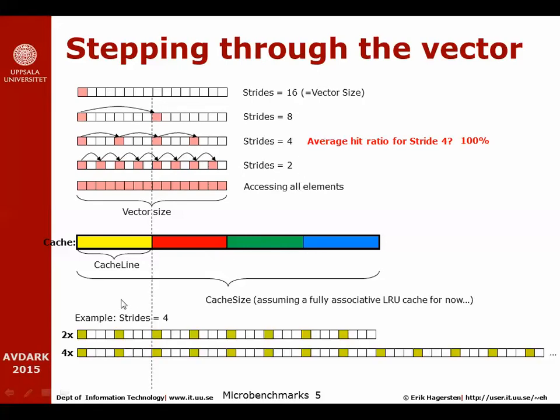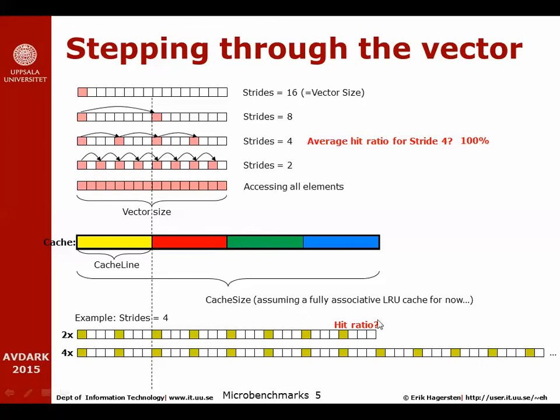So varying the stride here didn't make so much sense. But what if we use vectors that are larger? So we gradually make the vectors larger and larger. And in this example, we're still using stride 4. So what would be the hit ratio if we made the vector twice as large? Well, this vector just barely still fits in the cache. So the first time we go through this vector, we are going to experience 4 misses, 1 miss to each of the cache lines.